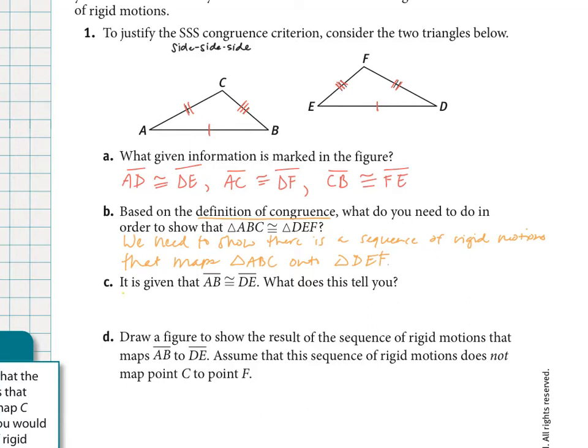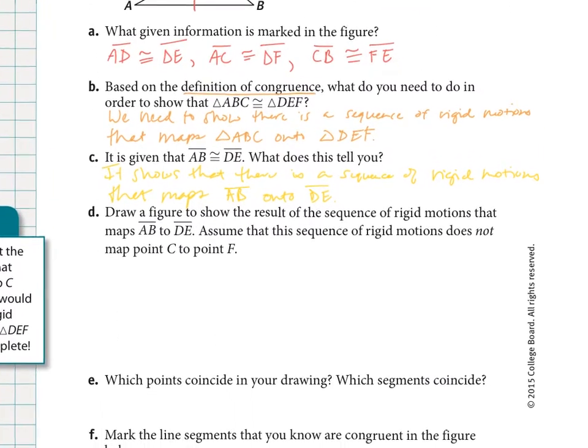So we're going to say it shows that there is a sequence of rigid motions that maps AB onto DE. Let's continue on to part D.